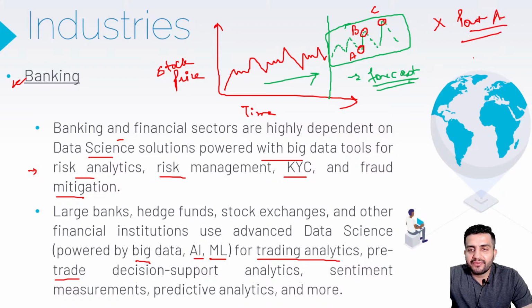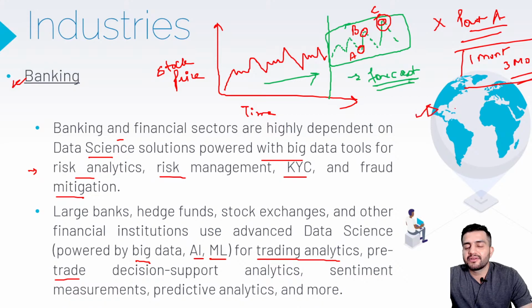So I would rather wait for say 1 month or say 3 months or whatnot. And expectedly, I am expected to have this growth. So I will be expecting point C. That is where pre-trade decision point analytics comes into picture.